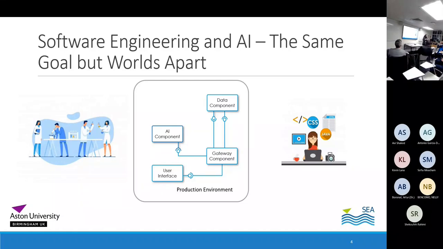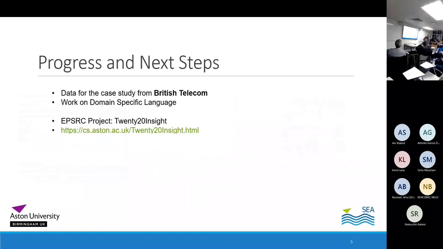So we had to do a couple of meetings. We want the data from them so that we can structure it a bit and work on something like a domain-specific language to identify the requirements for the data scientists, whatever they want from the classifiers to do.